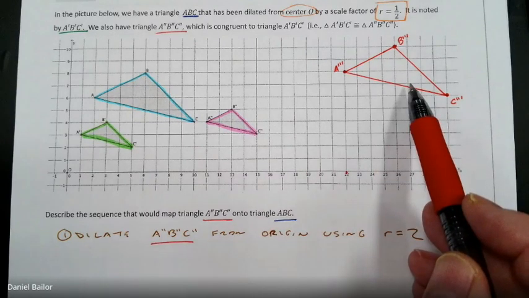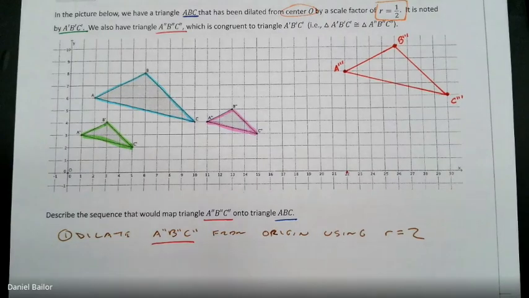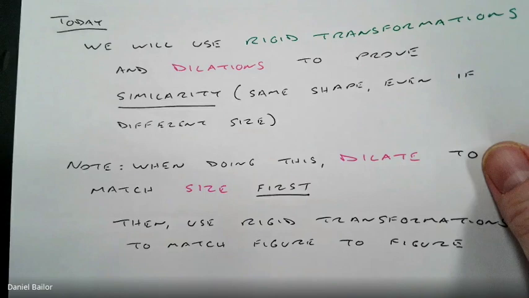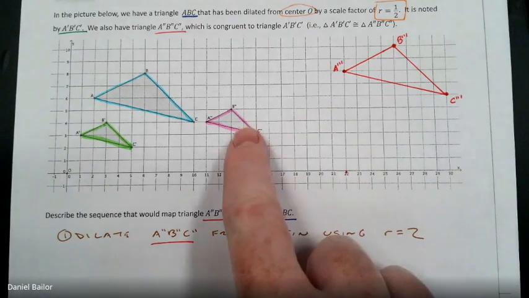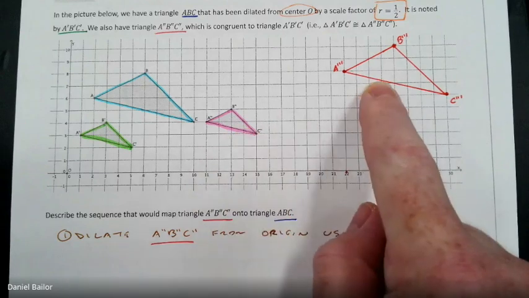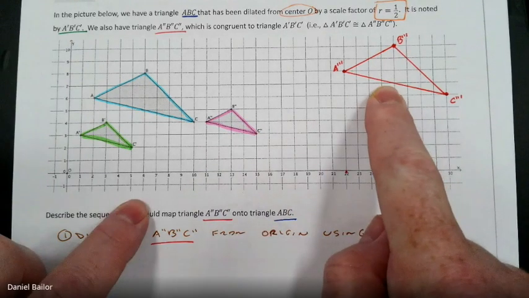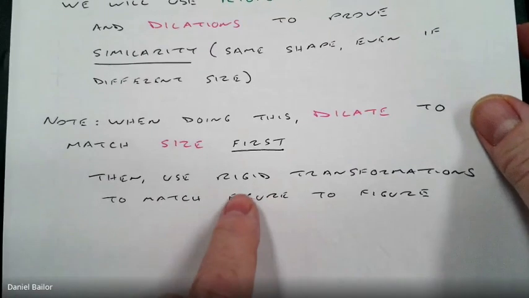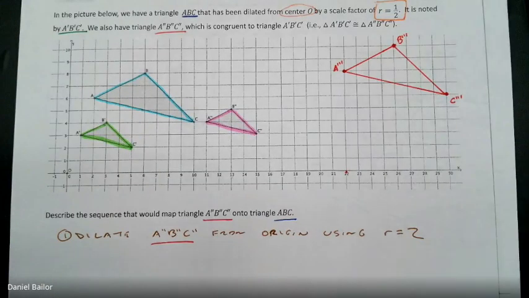But now I am the right size. And remember, in your notes, we fix the size first. The size matches first. So right now, I moved this one and made it right here. So I started with prime, prime, prime. Size matches. Second, then I use a rigid transformation to match figure to figure.